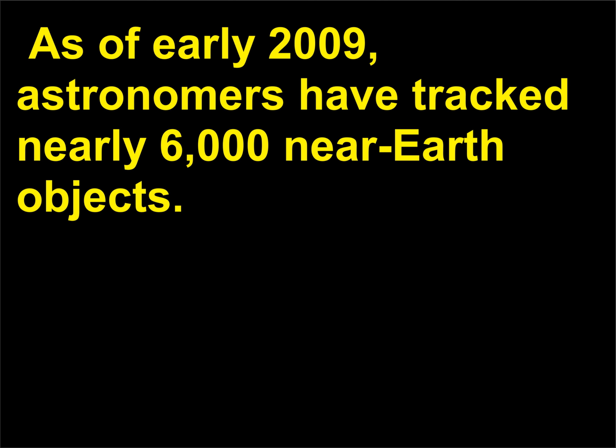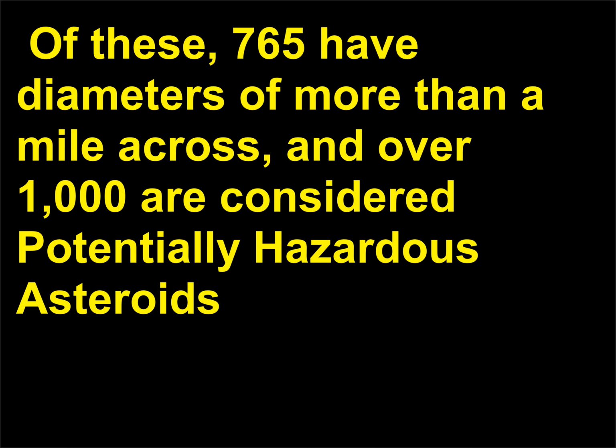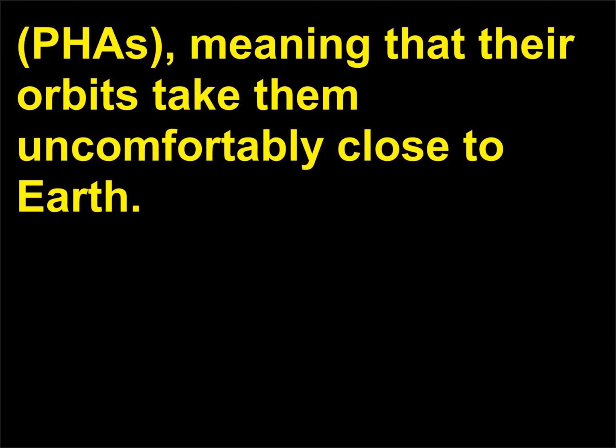As of early 2009, astronomers have tracked nearly 6,000 near-Earth objects. Of these, 765 have diameters of more than a mile across, and over 1,000 are considered potentially hazardous asteroids, PHAs, meaning that their orbits take them uncomfortably close to Earth.